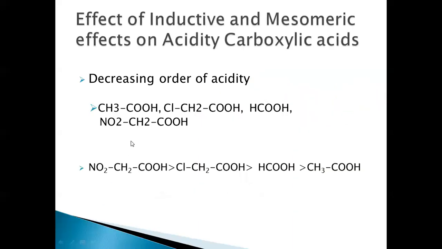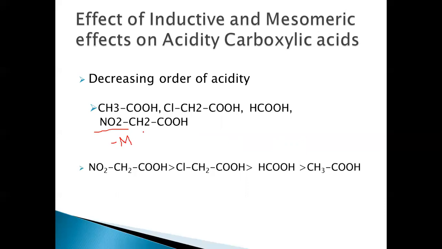Now, when we look at the acidity of a few of these carboxylic acids here, the first one is acetic acid, chloroacetic acid, formic acid, and this nitro-substituted acetic acid here. Again, the same order follows. This nitro is a minus M group.